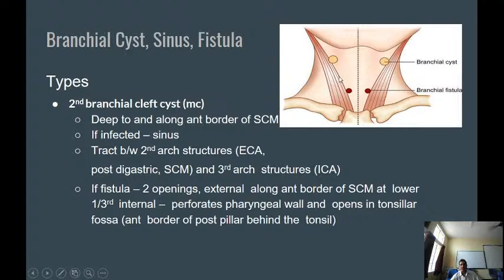And the branchial fistula: when this cyst gets infected and ruptures, it gives rise to the branchial fistula. And the second arch is the one which commonly produces these branchial cysts.